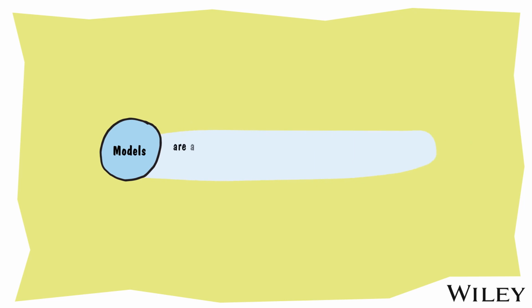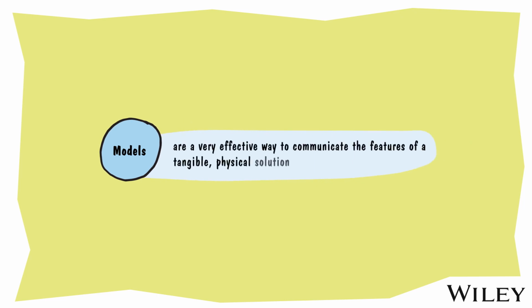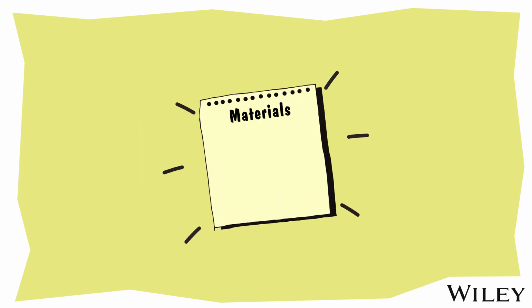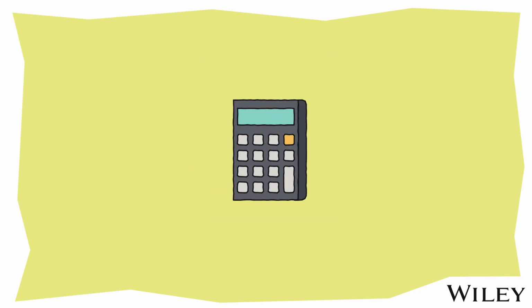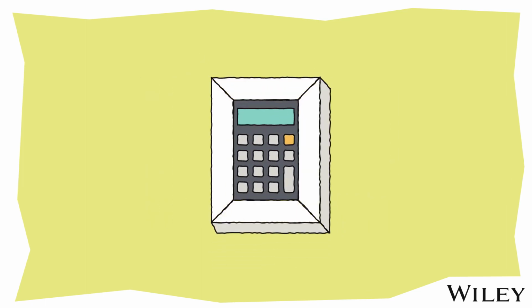Models are a very effective way to communicate the features of a tangible, physical solution that you have in mind. You can build a model out of any material, such as wood, plastic, cardboard, fabric, or thermocol. For example, a calculator inserted into a thermocol block can be used to represent a keypad and screen used to control a machine.